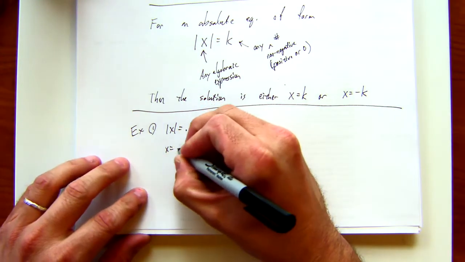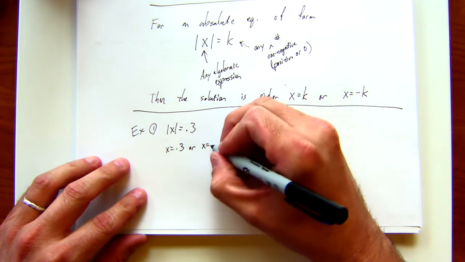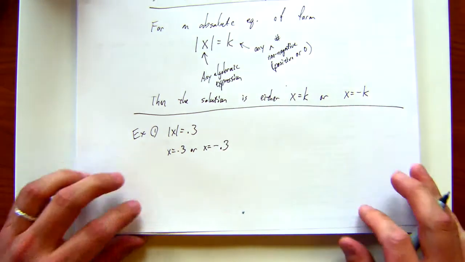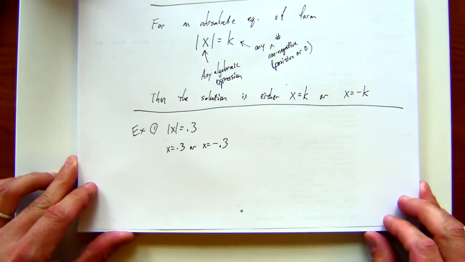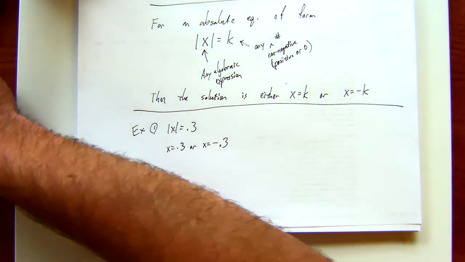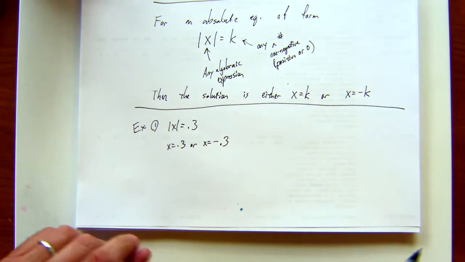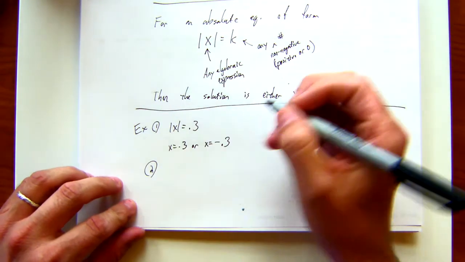So x is either 0.3 or x is negative 0.3. I just realized I need to go back and do one more inequality, but I'll finish this one first. How about this one?